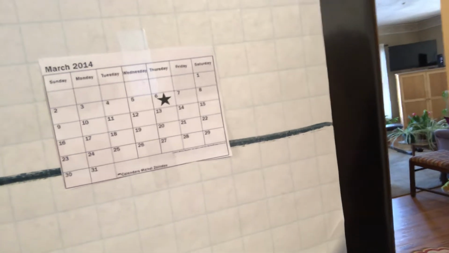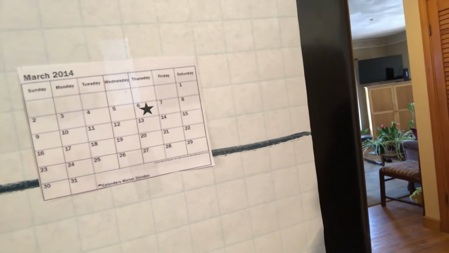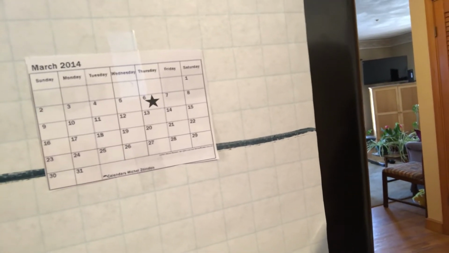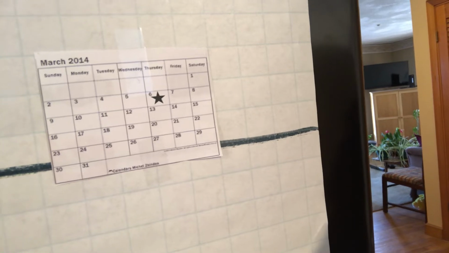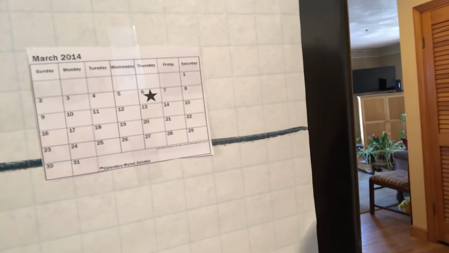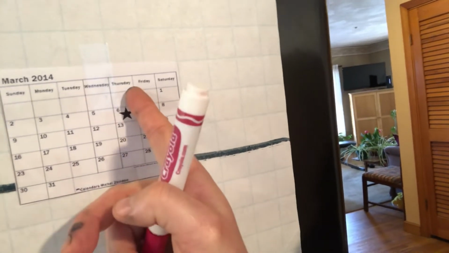You can just say the date to yourself, and you could wait for me to help you write it if you need any help. This calendar is showing March 2014, and I see the star is on the number 6. The number 6 is a Thursday. Let's start writing that date together.